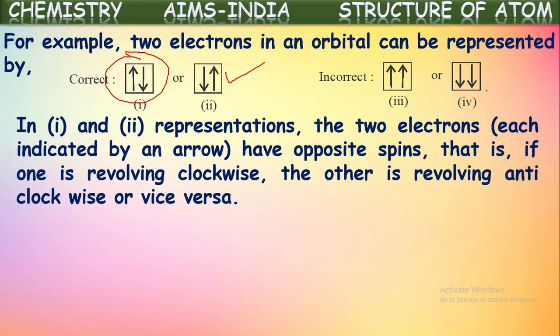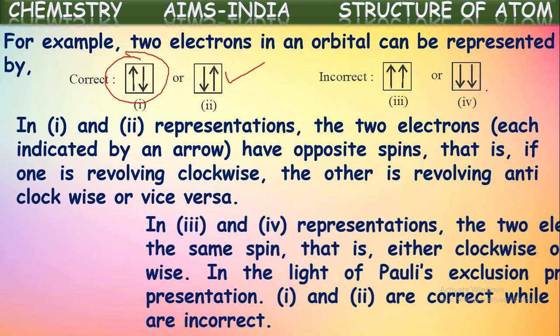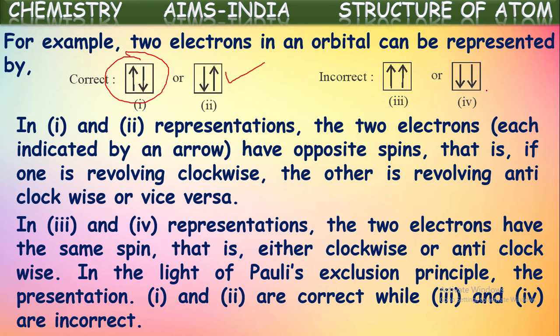Now, in the first and second representations, the two electrons have opposite spins. That is, if one is revolving in the clockwise spin, the other is in the anti-clockwise spin, and vice versa. But in the third and fourth representations, the two electrons have the same spin, either in the clockwise spin like this or in the anti-clockwise spin. What happens if both are in the same spin?